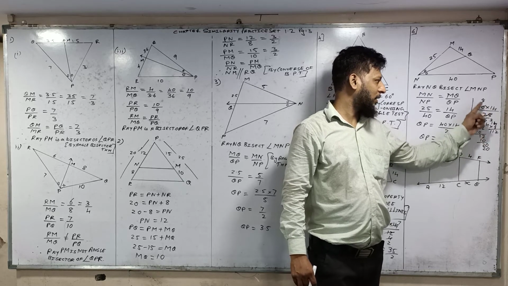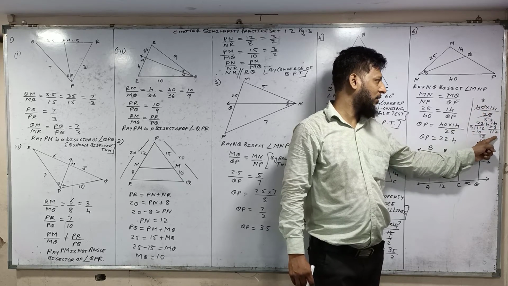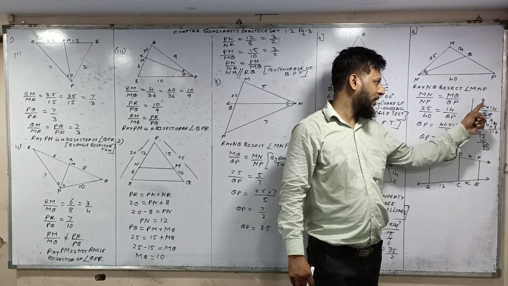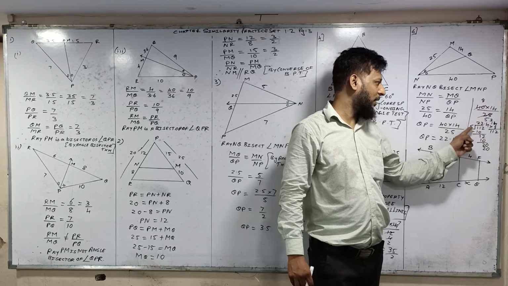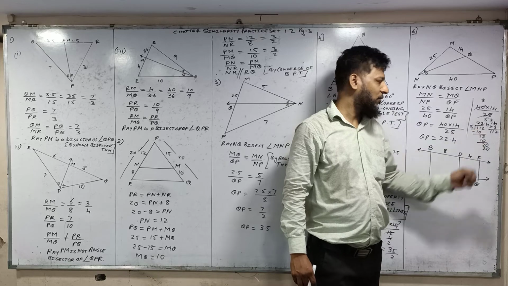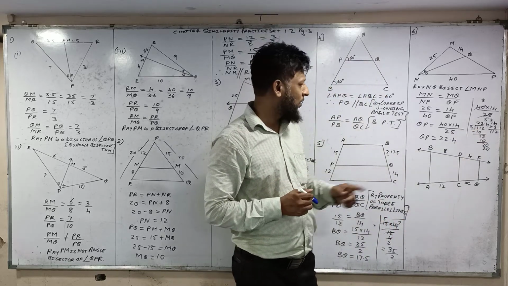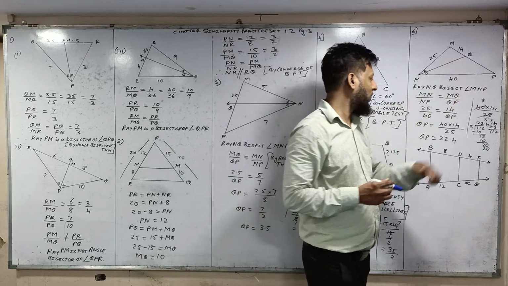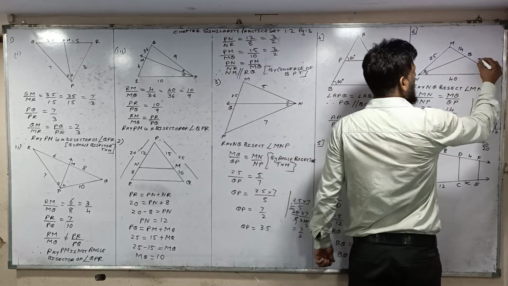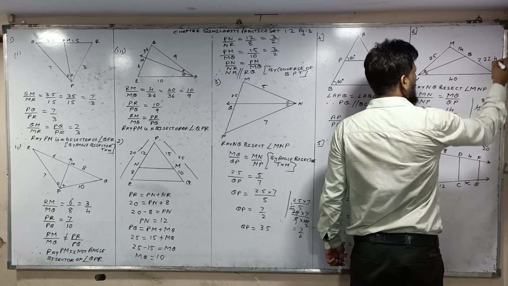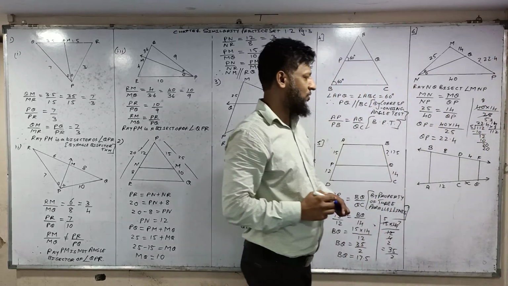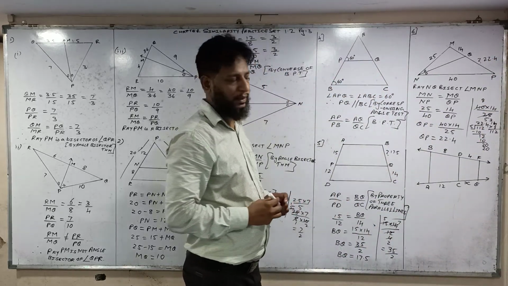Then multiply 14 by 8 to get 112, and divided by 5 you get 22.4. This is a very simple multiplication and division. So the value of QP is 22.4.